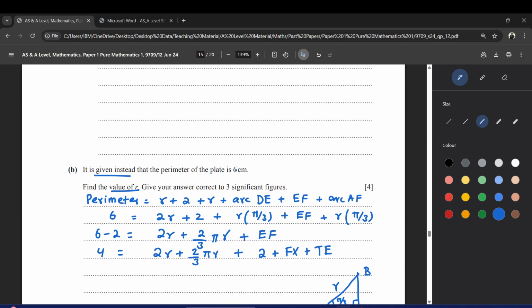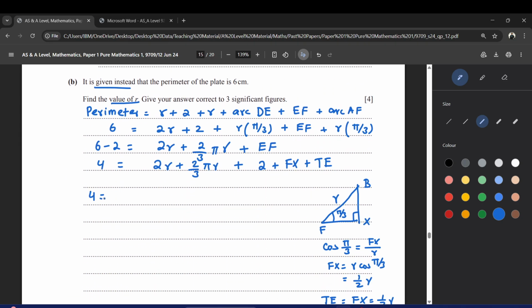So let me now write this down. 4 equals 2R plus 2 upon 3 pi R plus 2.